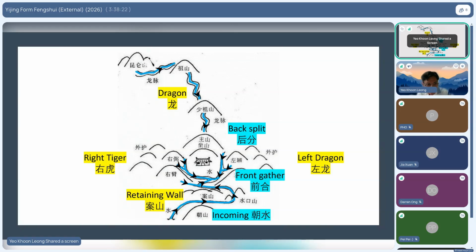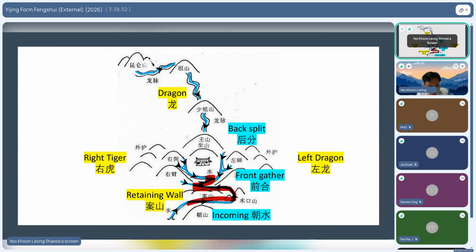Then we have the bright hall. Okay, this is where things get interesting. And we just covered the bright hall. So we position the house so that water flows in from the front. That means not only do we want the creation energy, we also want incoming water, like this one in front. Incoming water then flows towards the house, and if possible, meets up with the creation energy.